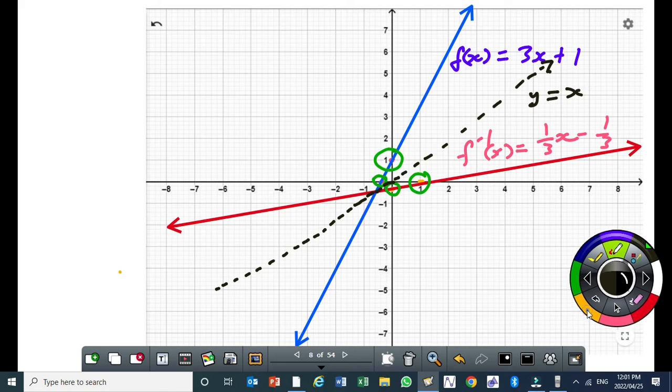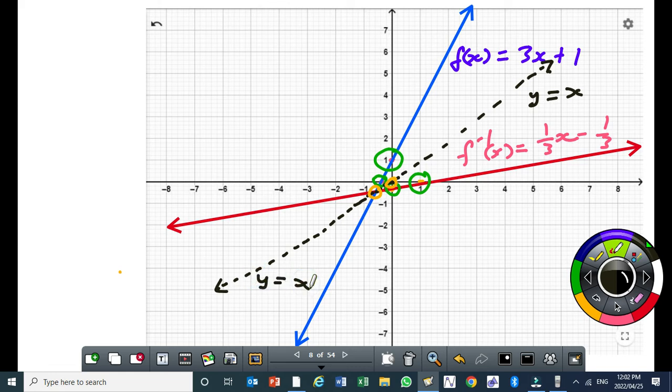The two critical points are the origin and the intersection of the two graphs. So f of x and f of minus 1 of x are mirror images of each other about the line y equal to x. So this is the line y equal to x.